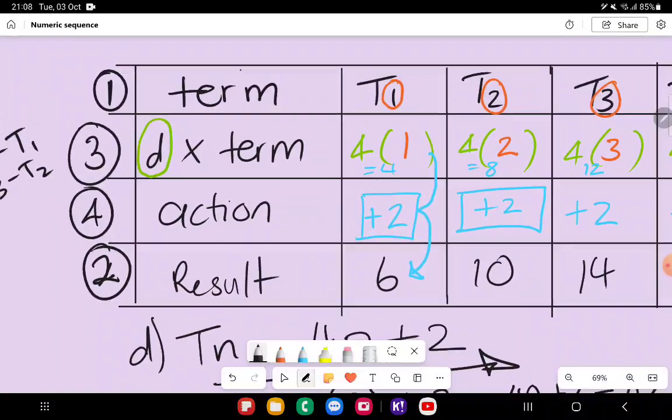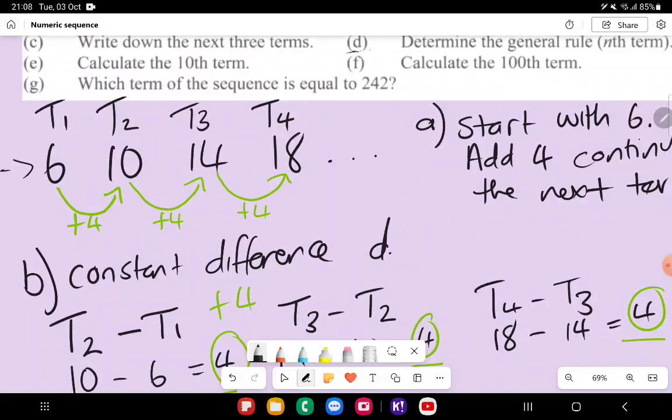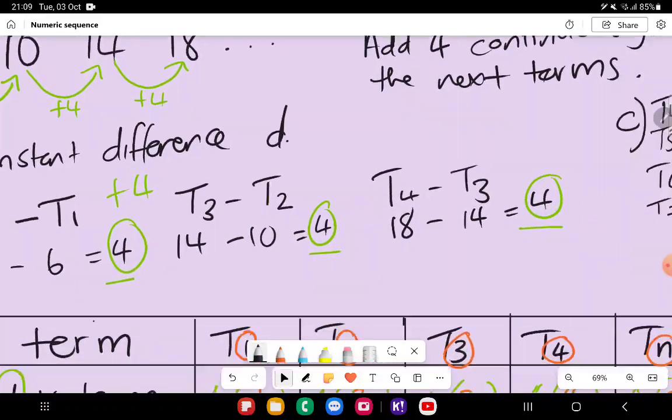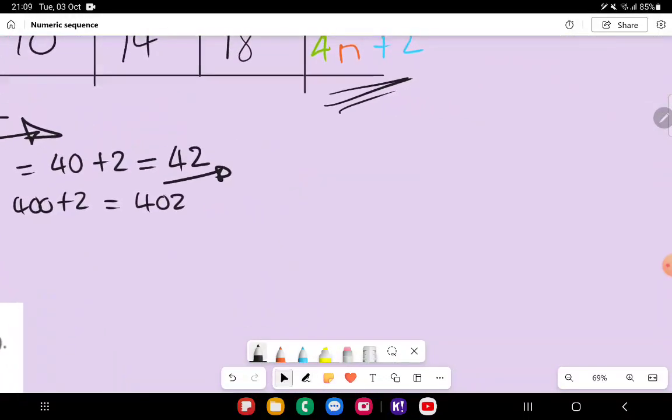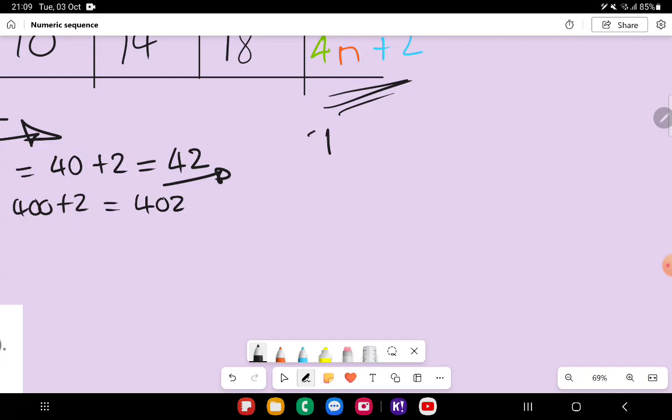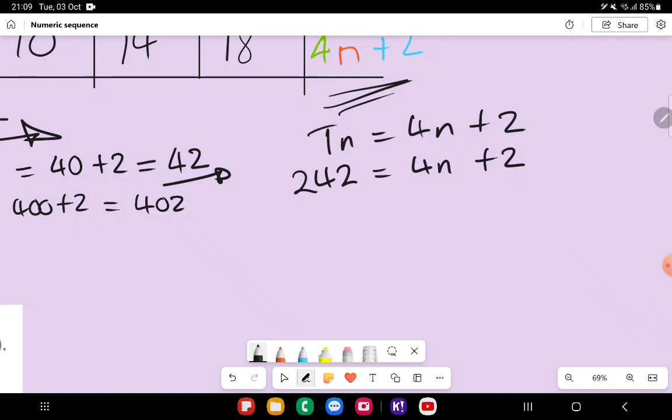Now, the last question in this section is saying, which term is equal to 242? Now, they're saying term n is equal to 4n plus 2. 242 is equal to 4n plus 2. So I need to solve. I'm going to say minus 2 on both sides, because what I want to do is get n alone. So 4n is equal to 240.